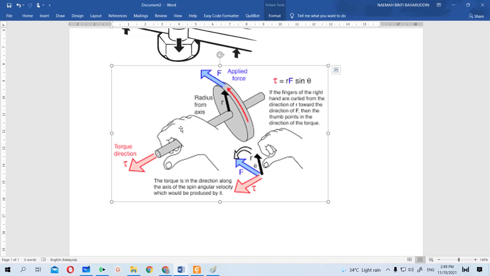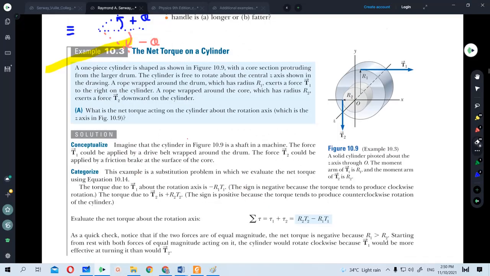So therefore, we are going to use this technique so that we can produce the direction in an easy version. Let us look at example 10.3, where we are going to determine the net torque, so the summation of torque. We are given two forces like here, labeled T1, T2. Now, to do the torque, we are aware that the value of torque would be force times the radial arm.